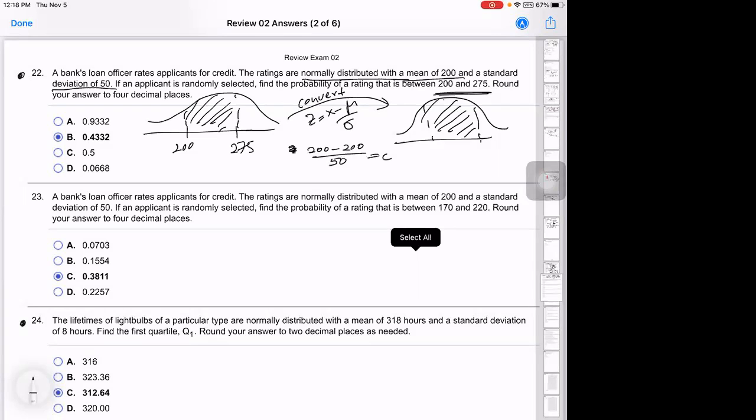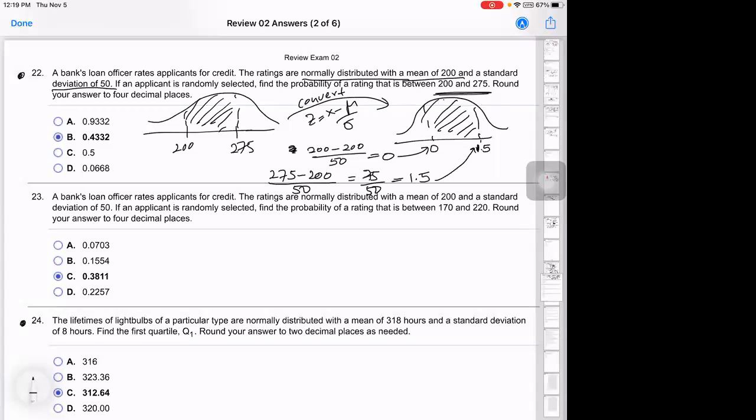This value is 0. The other value, x is 275, minus 200, the mean, divided by sigma 50. So this is 75 divided by 50, which is 1.5. So the Z value here is 1.5.